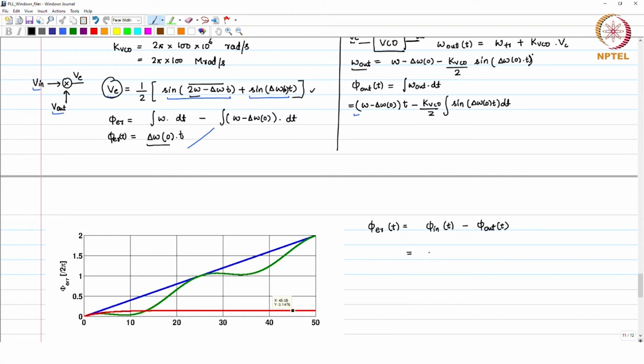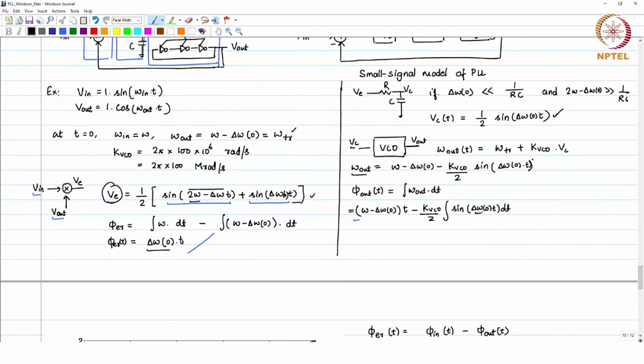Phi in of t was omega times t, and phi out of t is omega minus delta omega 0 times t plus kVCO by 2 times integral of sine of delta omega 0 t dt. You may ask a question, how can this remain at delta omega 0 all the time? Well, it will not remain at delta omega 0 all the time. This is just in the beginning.